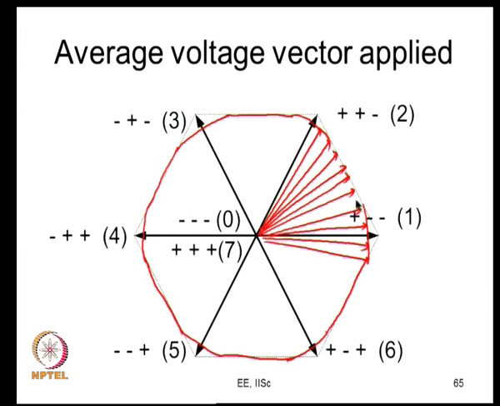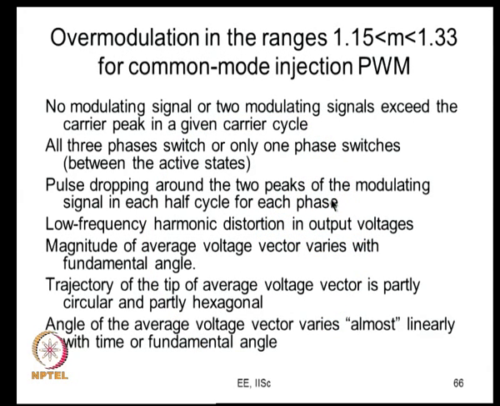Again, when you are into overmodulation in sine triangle PWM, up to some extent, that is when you have not gone close to 6 step operation, the angle varies linearly with time, the angular velocity is almost constant, which is also true here for conventional space vector PWM. So, this was non-circular in sine triangle PWM.